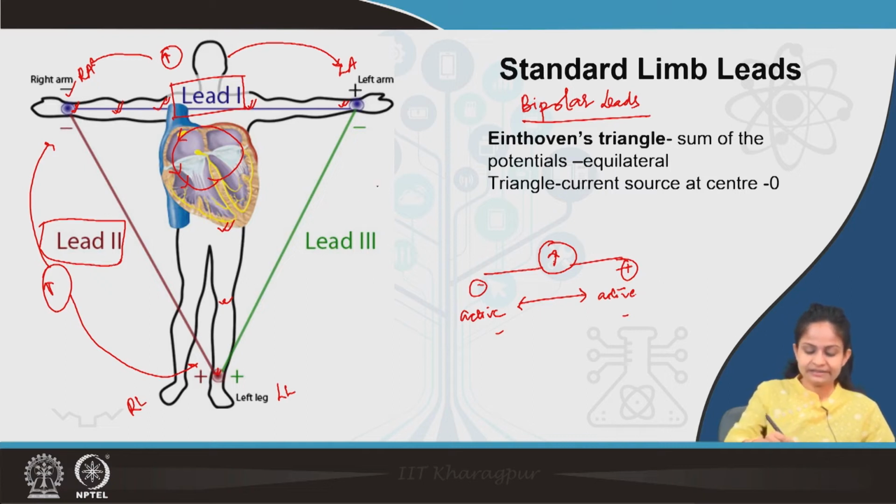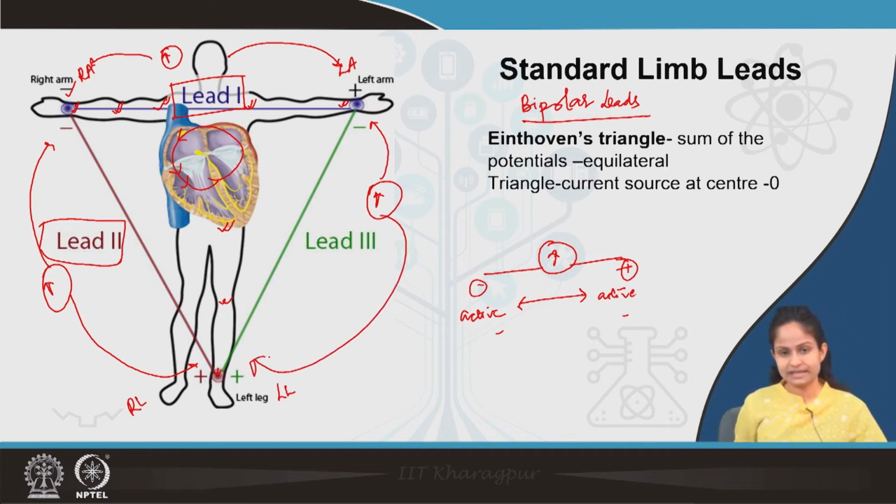Similarly, if the negative terminal is connected to the left arm and the positive terminal to the left leg, this constitutes lead 3, which calculates the potential difference between the left leg and the left arm. So, in this way we see these 3 leads are connected and we get an inverted equilateral triangle.